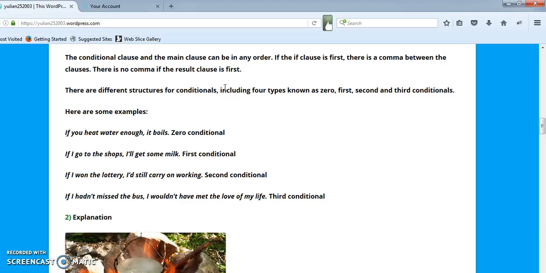Without contraction, I would still carry on working. If I won the lottery, I would still carry on working. This is the second conditional: a verb in the past time, and the other verb with the conditional.